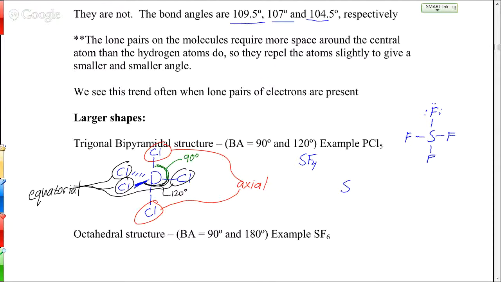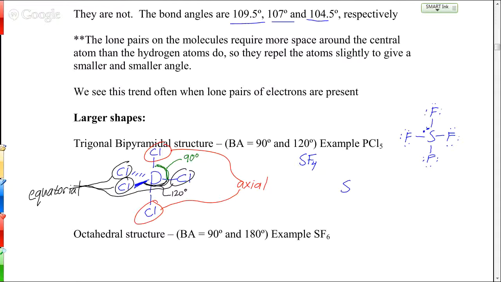And when you add all your electron pairs, you find that there is an extra electron pair that has to go on sulfur in the middle. So 4 bonds and 1 electron pair means 5 total electron groups.